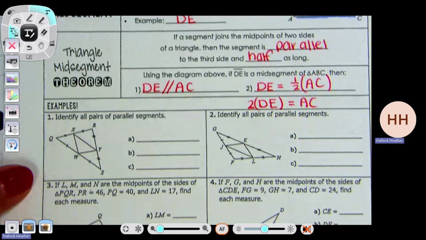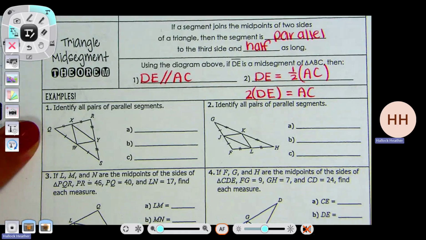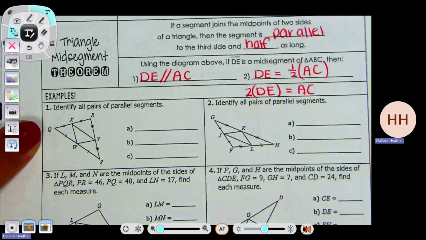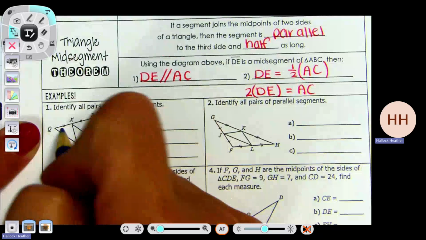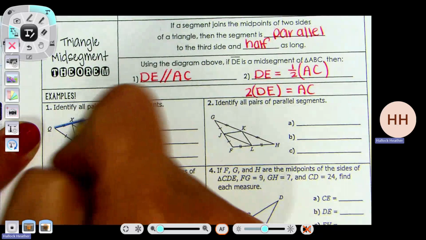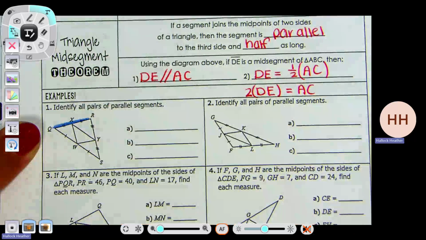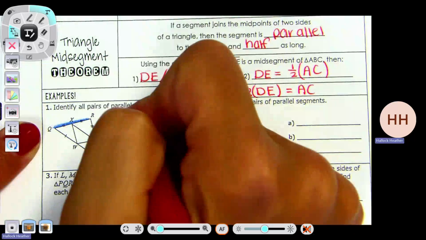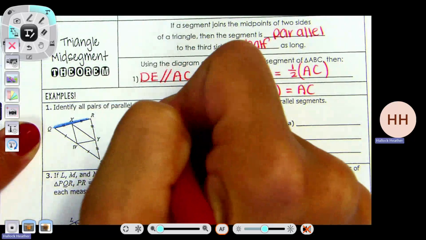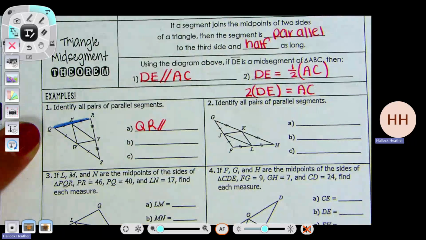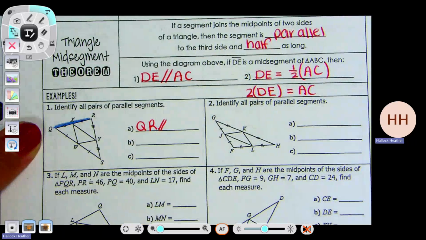So what we're going to do first is identify all the parallel segments. So your colored pencil, pick one colored pencil. If I say QR is parallel to a line, what mid segment matches with QR?